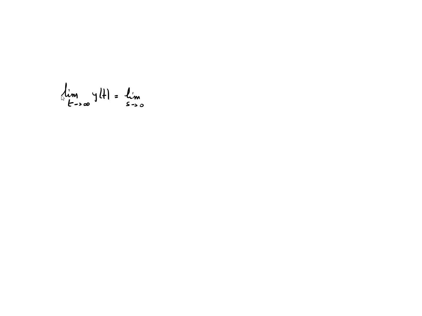There is this 1 over x relation between time and frequency. Remember that there are hypotheses, right? This is the final value theorem, and you also have the initial value theorem that says that the limit when t tends to 0 of y of t is the limit when s tends to infinity of s y of s.